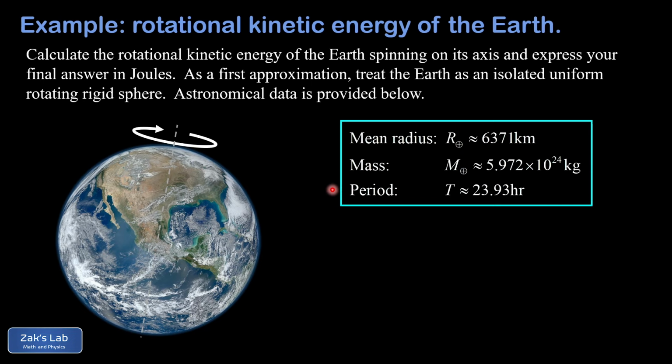Now, I do want to point out here, that's actually the sidereal period. That's the amount of time it takes the Earth to make one complete rotation with respect to the distant stars. So if you don't want to think about the details here, just remember the real period of rotation is slightly less than 24 hours. If you like thinking about the details, the discrepancy here is caused by the fact that the Earth has to go through a little more than one rotation to get the sun to the same point in the sky.